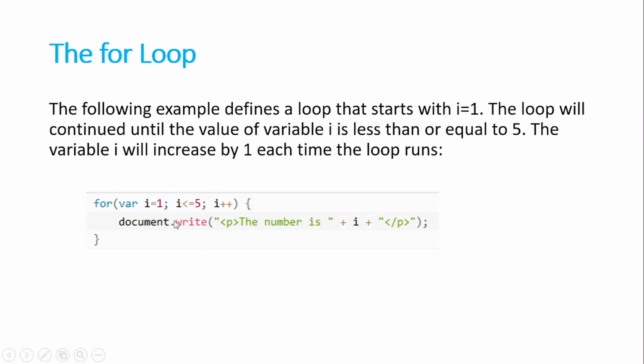So the i variable will be incremented after printing this line of code. And if the value becomes greater than 5, then it will not repeat this block of code. So this is basically the easiest, the smallest approach to use the loop.